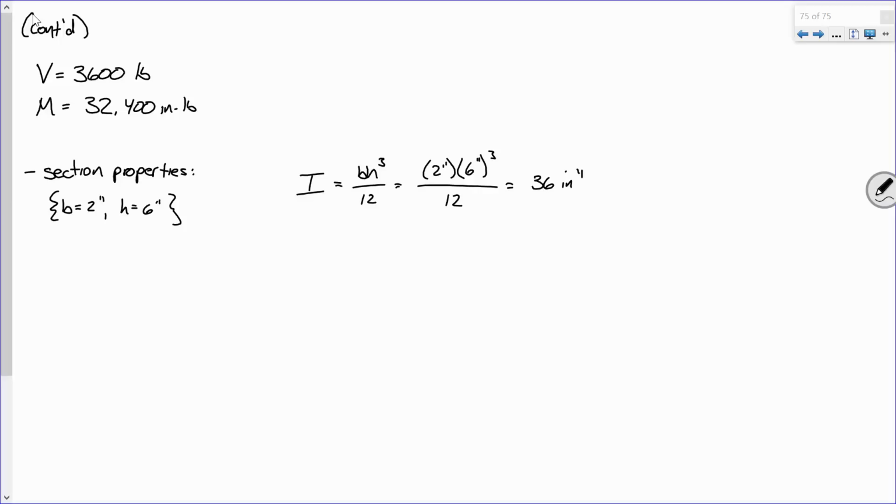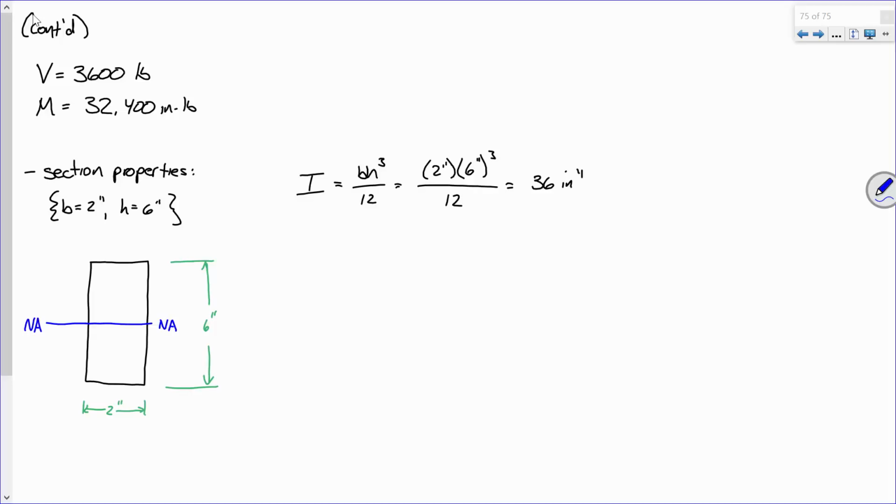All right. Now, let's look at this, okay? Here's that rectangle, right? So this is 2 inches. That's 6 inches. Sound good? Now, let's see. Would that be the neutral axis?